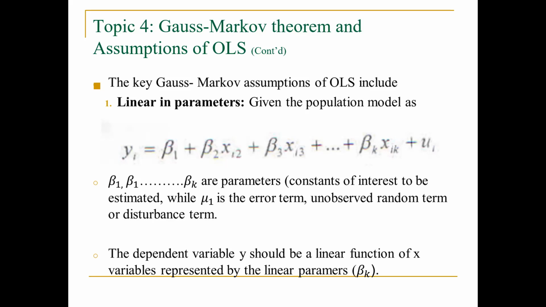So it means that when we are given this model, we are looking for the values of these betas. And we also know that mu, which is sometimes known as the error term, or the epsilon, the unobserved random term, or the disturbance term, mainly looks at the variables that we have not included in the model.